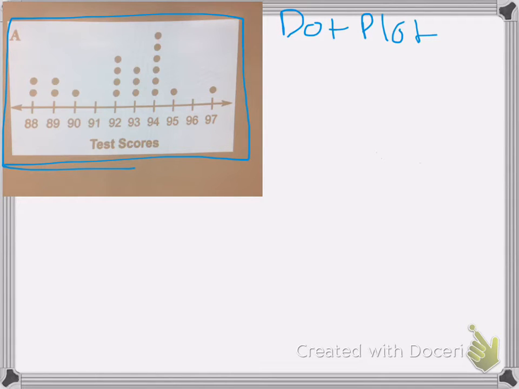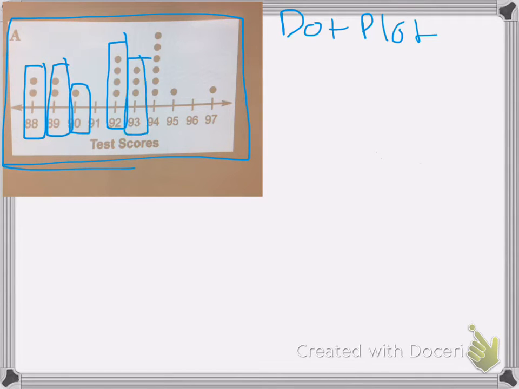We have to be able to read what is on our dot plot. Here we've got two 88s, two 89s, one 90, four 92s, three 93s, six 94s, and a 95 and a 97.